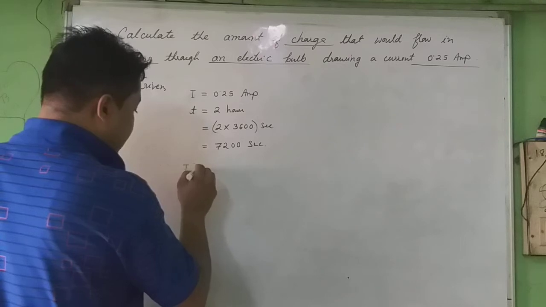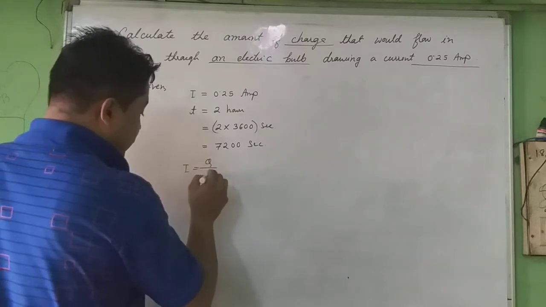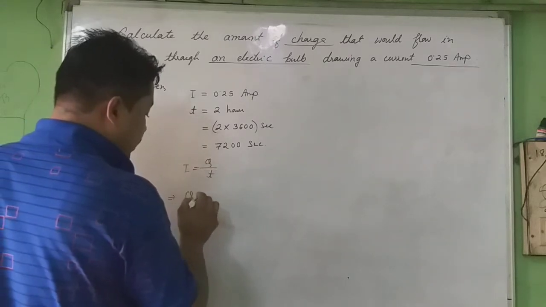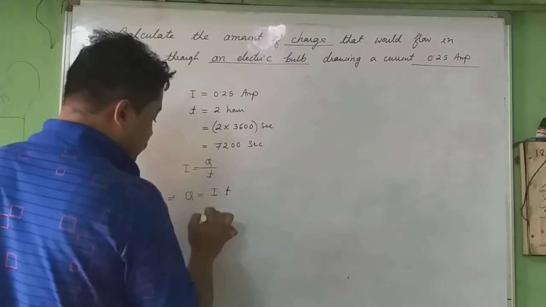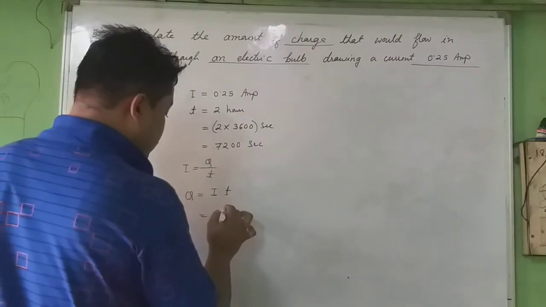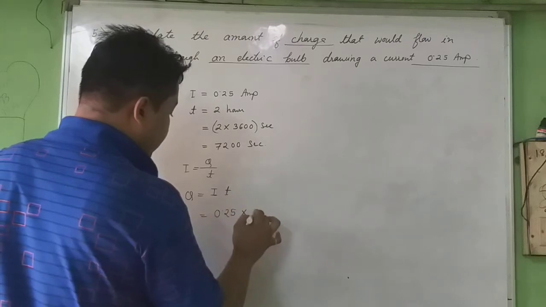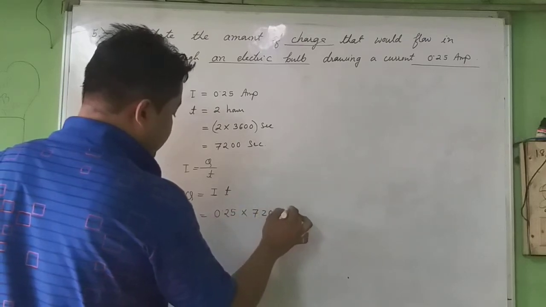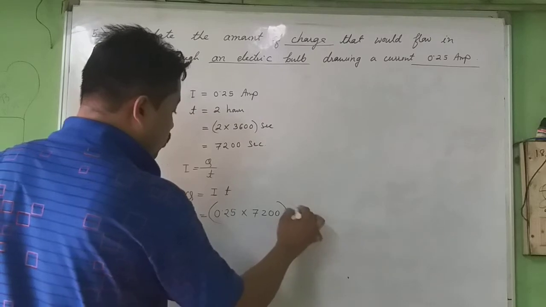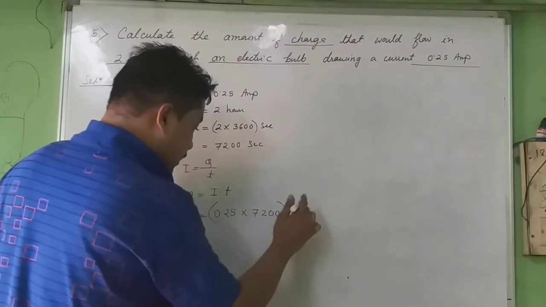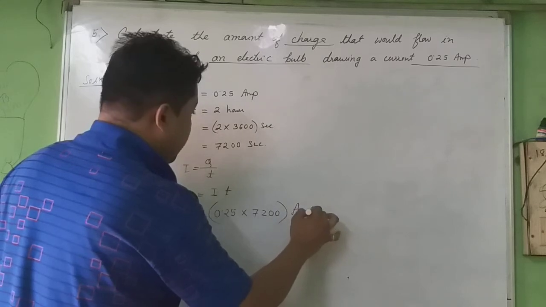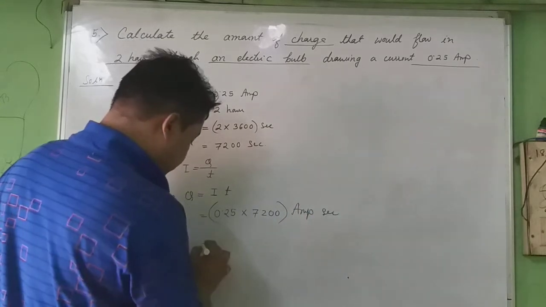Since current I is equal to Q by T, therefore Q is equal to IT. Therefore Q is 0.25 into 7200 coulomb. The SI unit of charge is coulomb, here ampere second.